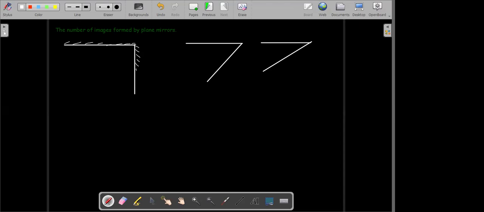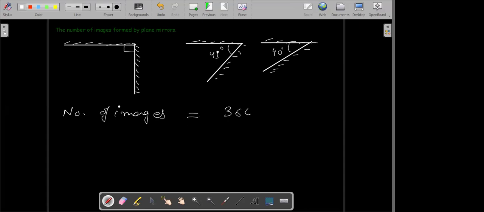Here you have these two mirrors, and let's say the angle between them is x. Here it's 90 degrees, here the angle is 45 degrees which I have chosen, and here the angle is 40 degrees. The number of images is given by the formula 360 divided by x, where x is the angle.